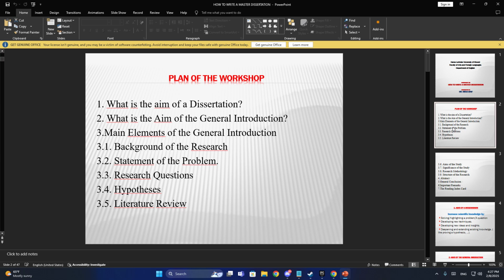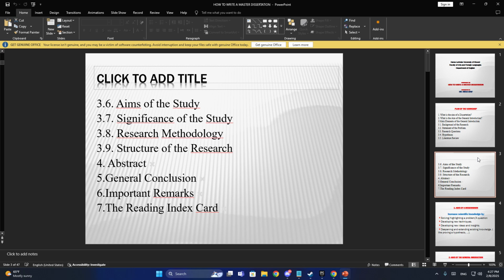Background of the research, statement of the problem, research questions, hypothesis, literature review, the aim of the study, significance of the study, research methodology followed in this dissertation, and finally you end it with the structure of the research. Also, I'm going to clarify what to write in the abstract, what to write in the general conclusion, and important remarks, ending with the reading index card.